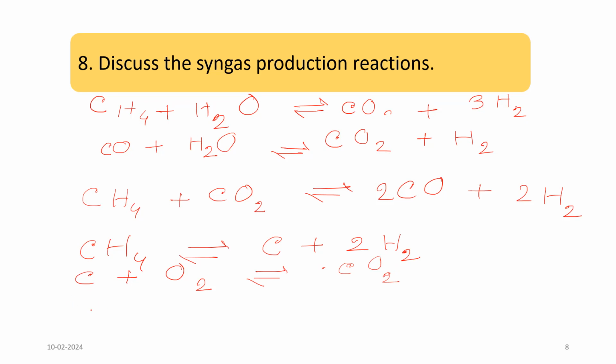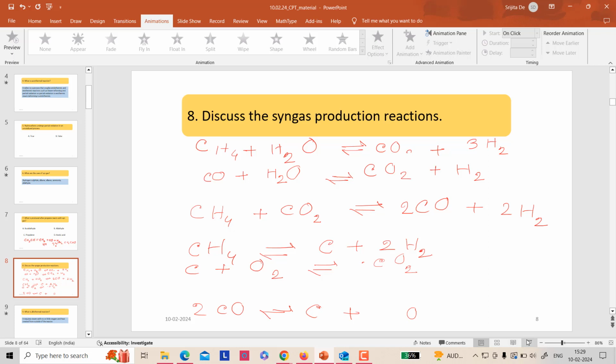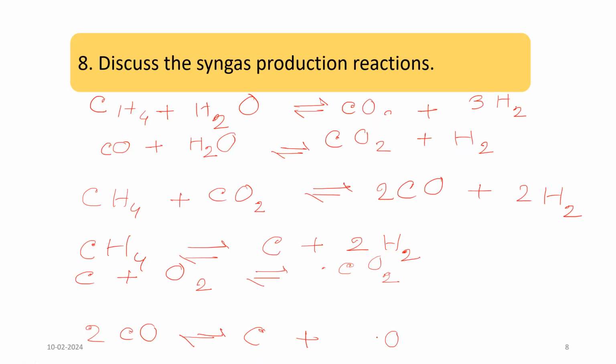Another reaction that happens is the Boudouard reaction, in which 2 moles of carbon monoxide produce carbon and carbon dioxide. So these 6 equations you need to remember for syngas production with the steam reforming method, that is, from natural gas.